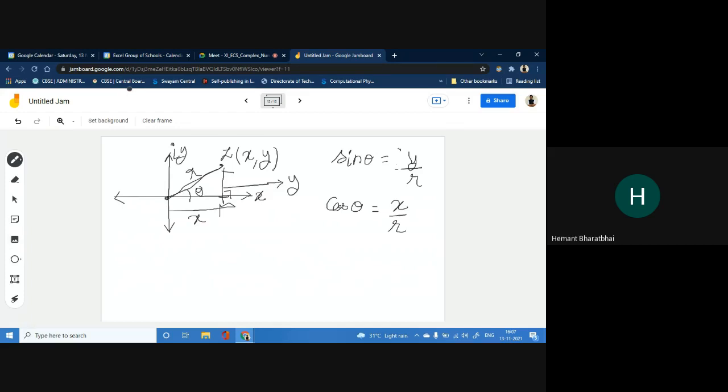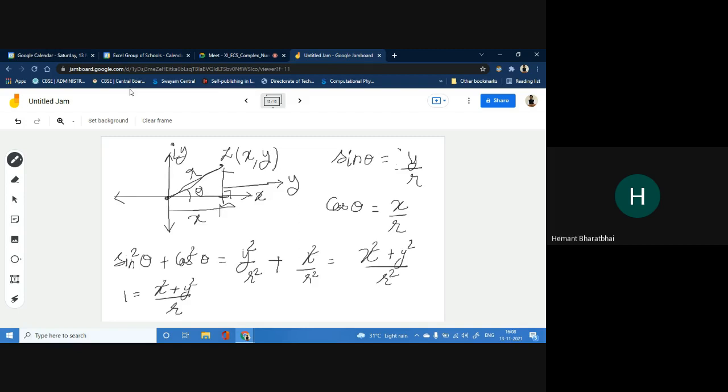So now if I square and add, what I'll get is sine square theta plus cos square theta is equal to y square by r square plus x square by r square, which can further be written, as the denominator is the same, as x square plus y square upon r square.